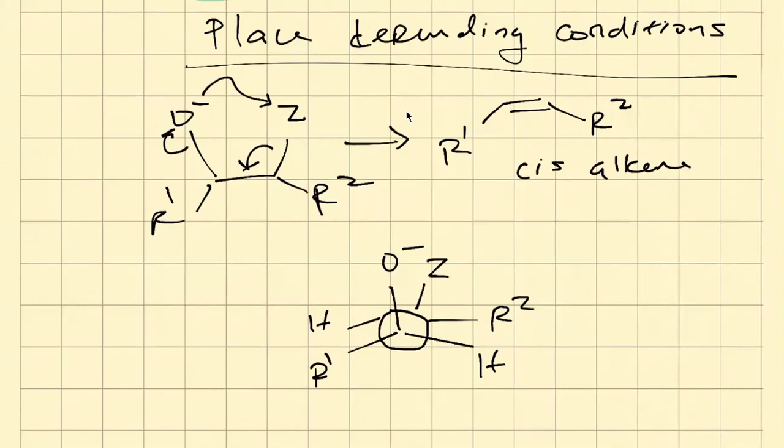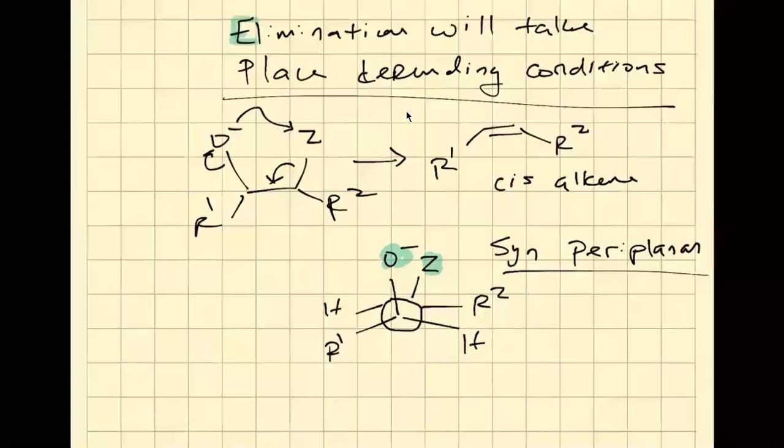Z and O are in what we call a syn periplanar conformation. Syn periplanar. What that means is that they're on the same side of the same plane. When this is the case for a system like this, then you end up with these cis type alkenes. So how do we generate the trans alkene?